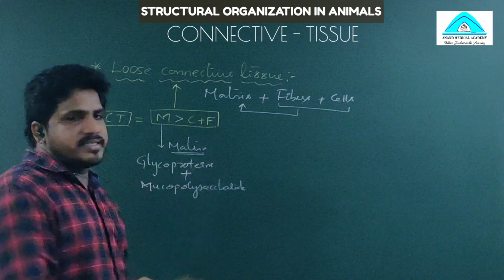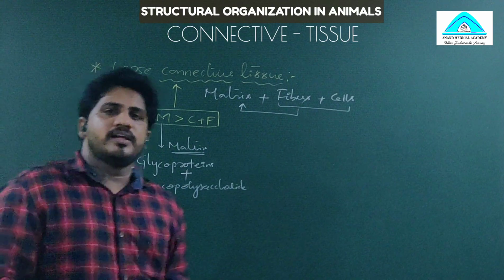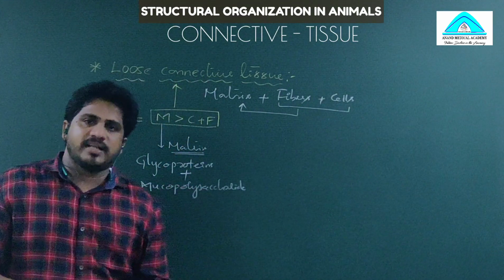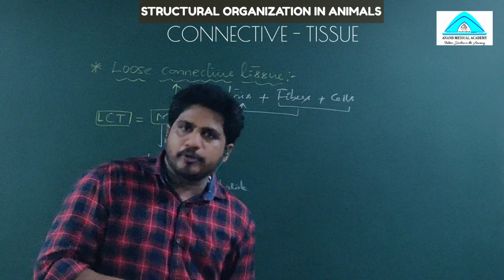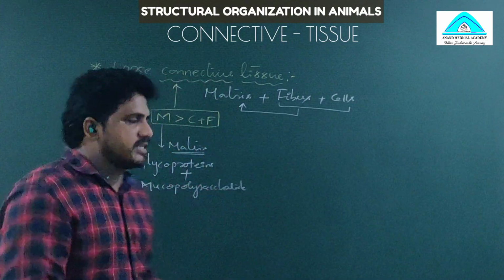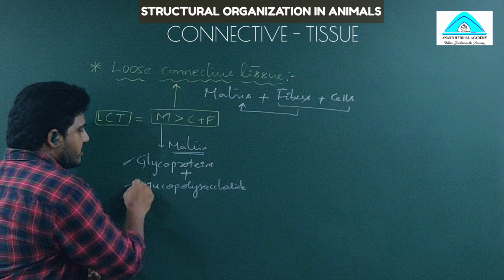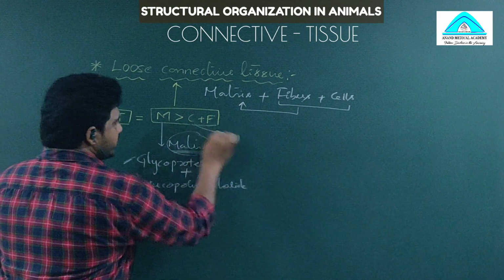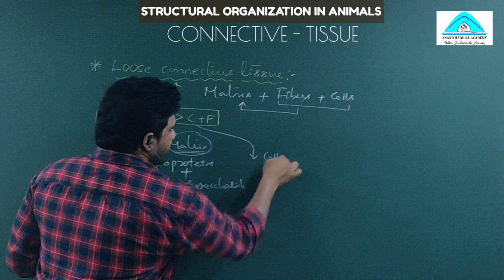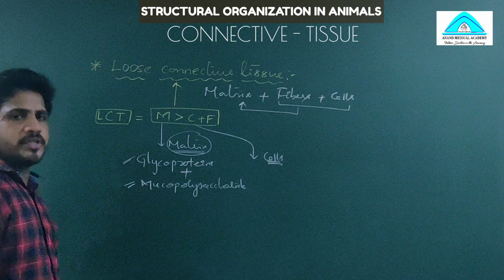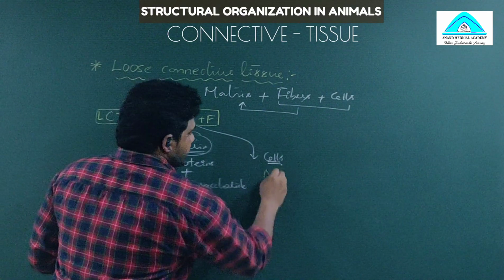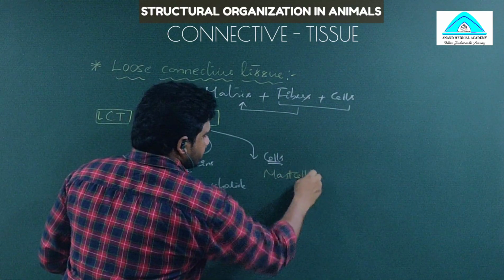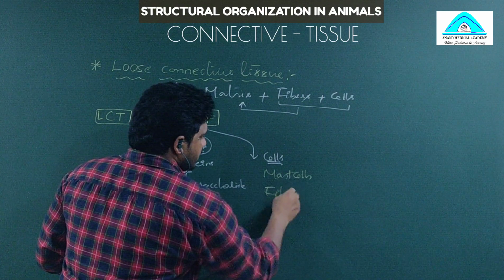In this session, we are going to learn about the different types of cells. One type is fibroblast cells. Fibroblast cells secrete glycoproteins and mucopolysaccharides. What types of cells are present inside loose connective tissue? Mast cells, fibroblast cells.